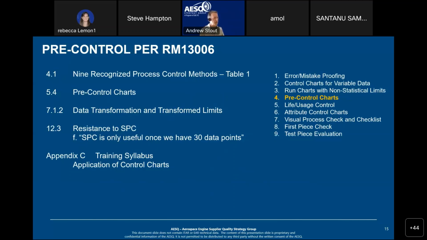But it's also touched on in 7.2.1, where we talk about data transformation, handling of non-normal data. In that section, it talks about the normal control charts not working so well for non-normal data, so PreControl is a nice simple option to use in that case.